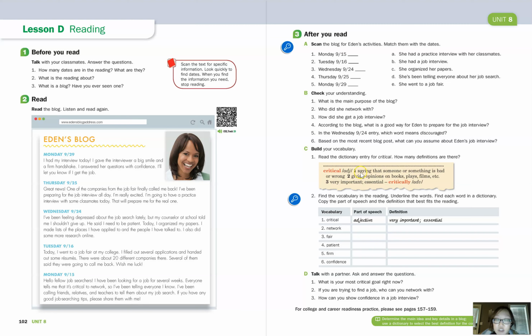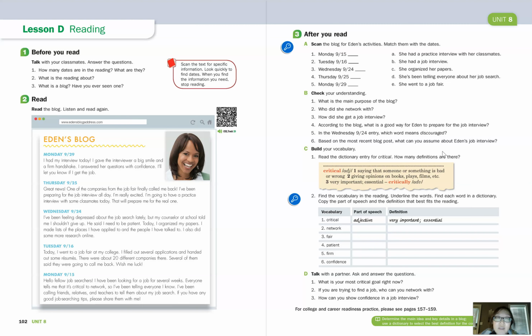So let's read the definitions. The first definition is saying that someone or something is bad or wrong. Okay, so you might see this word critic in the word critical. A critic is a person who reviews something, like a movie or food.